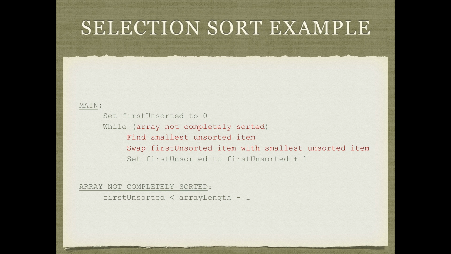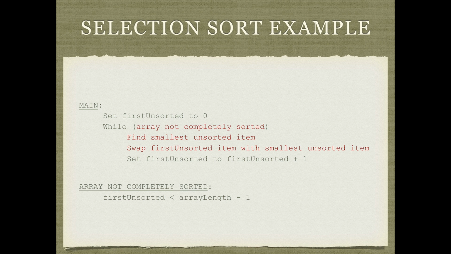Now, here's something for you. Why is it array length minus 1? Why is it not just length minus 1? So at this point, we're looking at the decreased value.